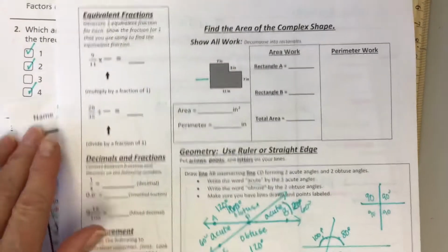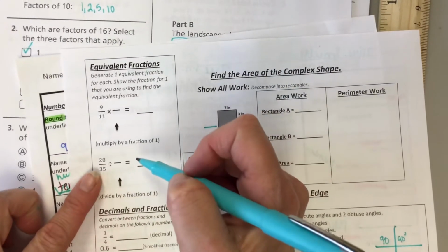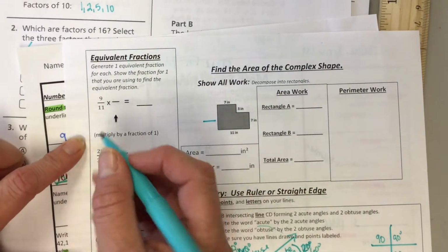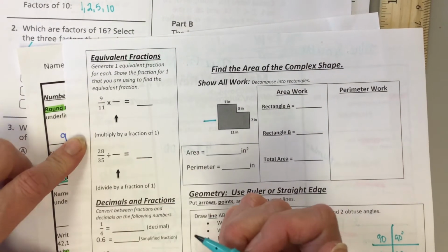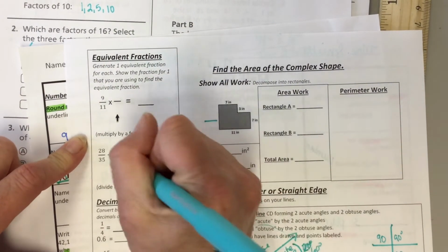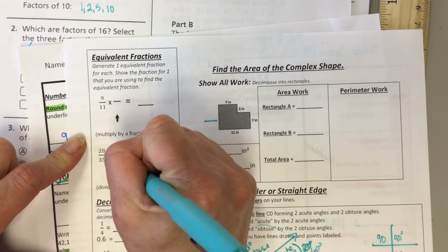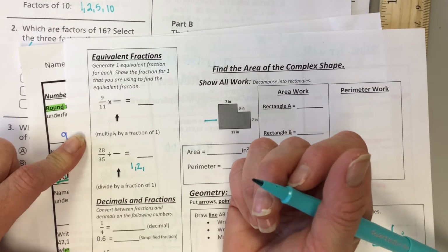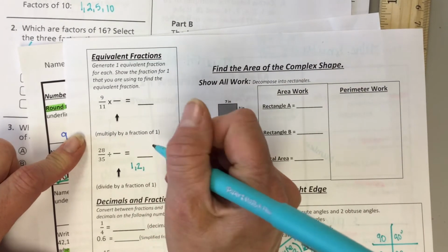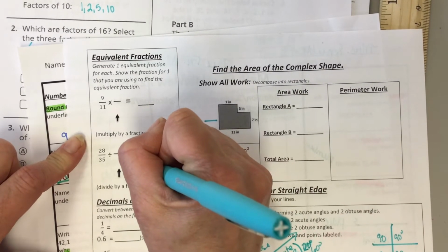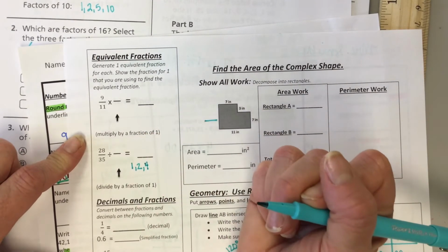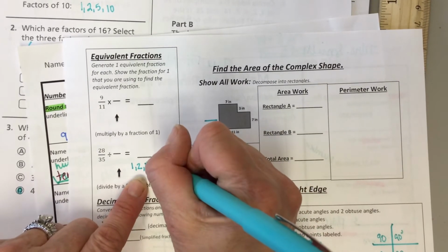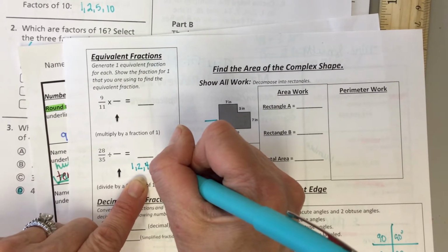Okay, equivalent fractions. Do you want to do the multiplying one or the dividing one? Okay, what are the factors for 28? What are my factors for 28? Riley. 7 times what? 4. 7. 2 times what? 14.